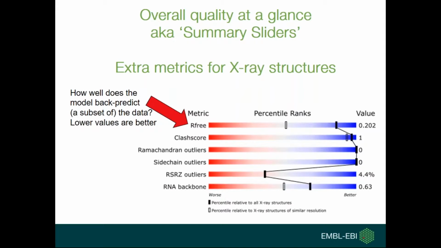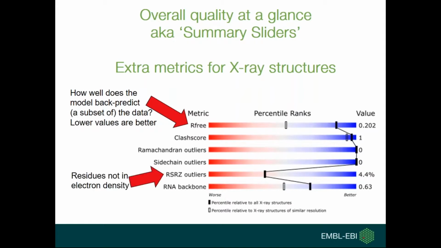So if you take your model and say, given this structure, if I calculate the data back from this as a theoretical back prediction, then how well does it agree with the actual data? And lower values are better. A value of around 0.2 in this case is reasonable and what we'd expect. Values between 0.15 and 0.25 are typically okay.